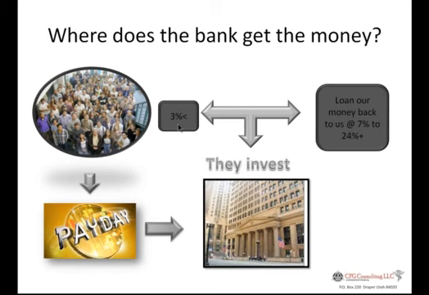In fact, that 0.9% is closer to the average savings account. And then if we need to borrow money in the form of a car loan, a house loan, a credit card, the bank uses our own money through this filter system, but they charge us a much higher rate, 7%, 24%.